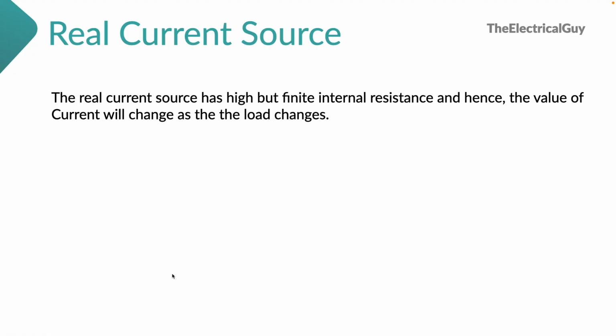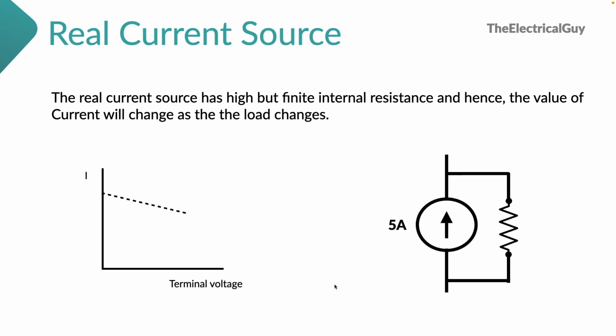Also, if you draw the graph between the terminal voltage and current, you will see as the terminal voltage increases, the load current decreases. And why does this happen? Because of the internal resistance of the current source. You can represent the real current source with an ideal current source, in parallel to which a resistor is connected. So that is how you can represent the real current source.